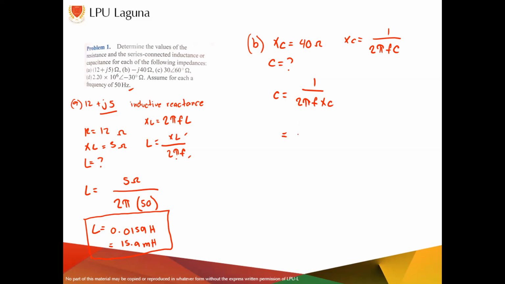So, solve natin. 1 over 2 pi, f is 50. Ating XC, what is the XC? XC is 40 ohms.